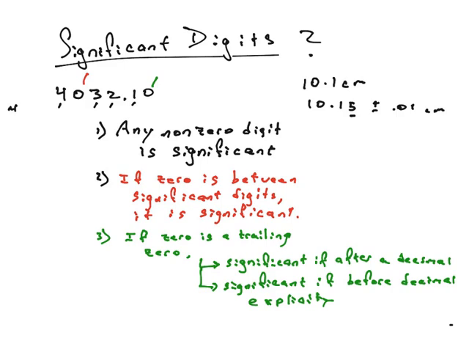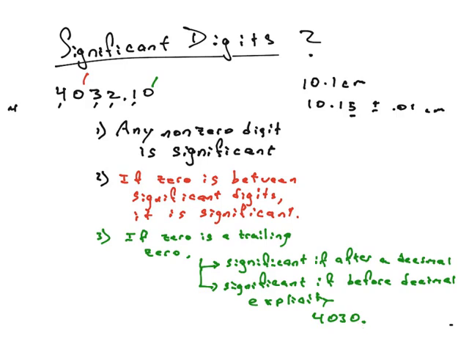An example of this would be something like 4,030 point. The fact that I wrote that decimal point there tells me I know this is exactly 4,030, and it's not that I'm rounding it to 4,030.